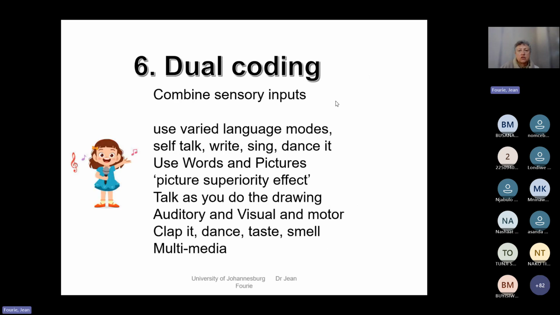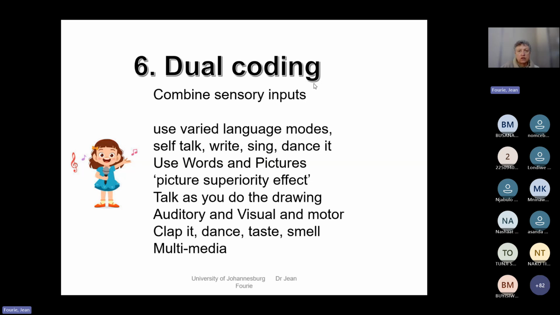Okay, and the last strategy, number 6, is called dual coding. And you will see that a lot of these strategies interrelate to each other, and a lot of them are terms which can apply to other strategies.